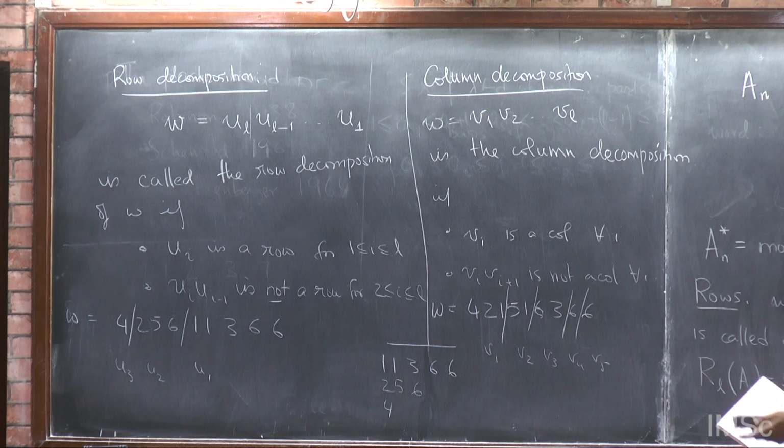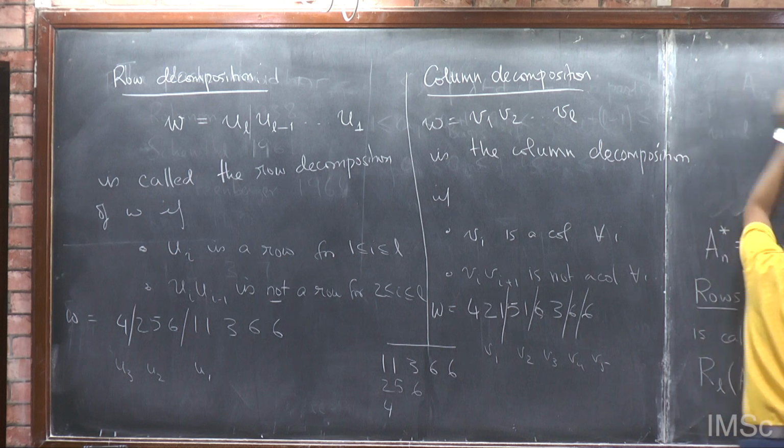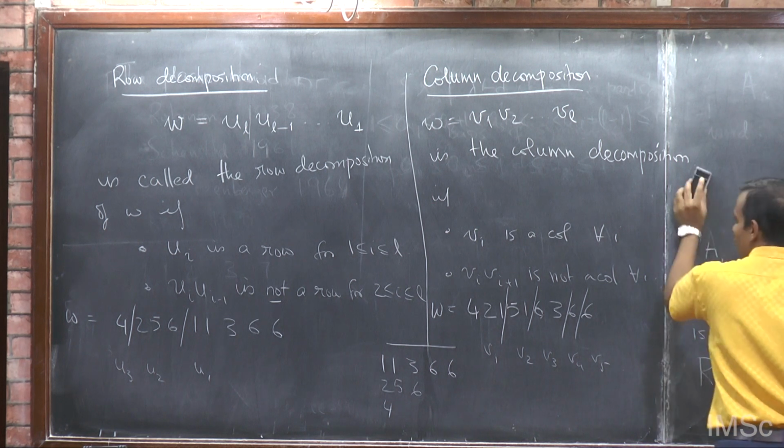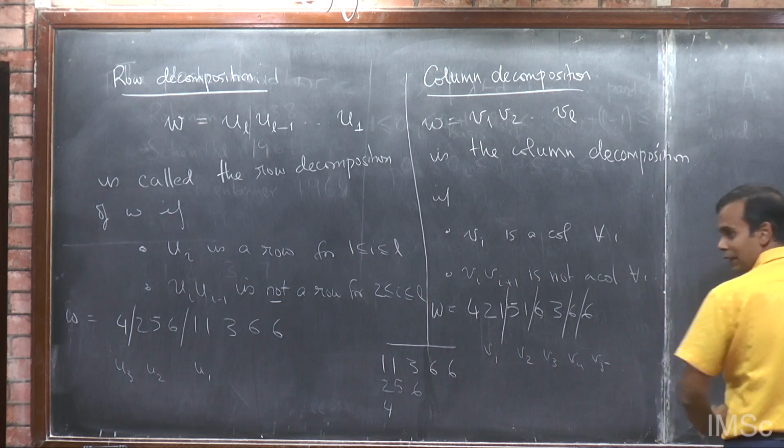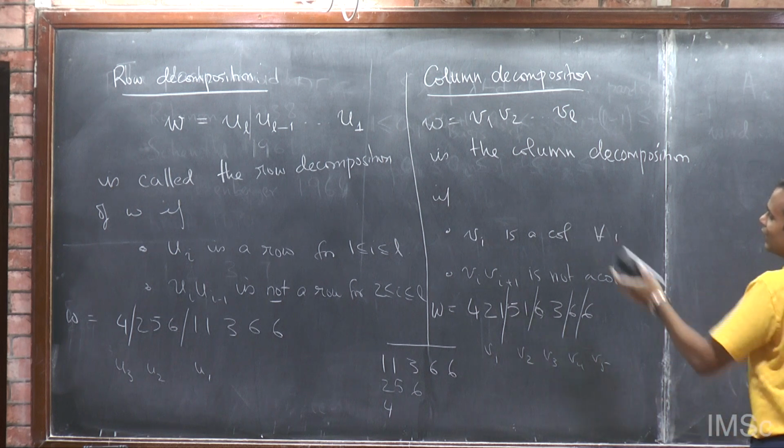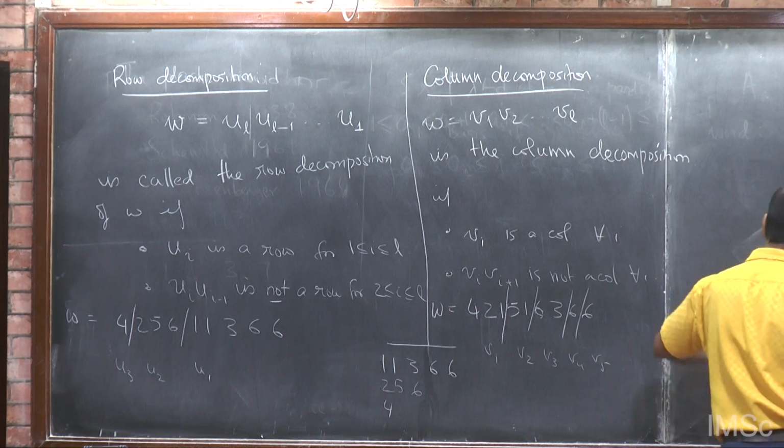Yes, you need a condition. I am coming to those conditions. Not all words are tableaus, so what makes a word a tableau? Every word has a row decomposition, every word has a column decomposition.